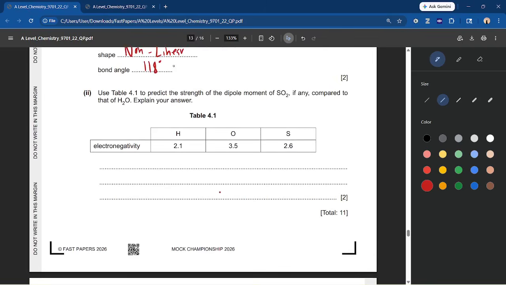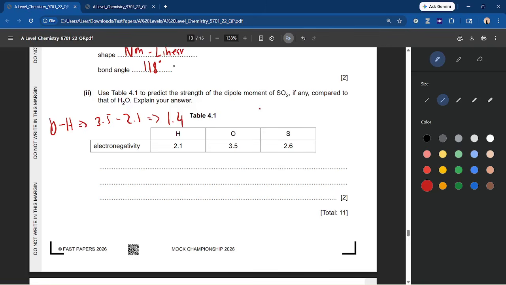And the last question, use table 4.1 to predict the strength of the dipole moment of SO2, if any, compared to that of H2O. So let's take a look at the electronegativity difference between SO2 and H2O. For hydrogen and oxygen, so let's say OH, it's going to be 3.5 minus 2.1, which is 1.4.